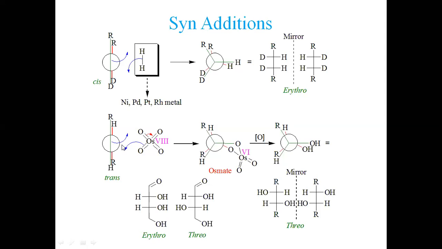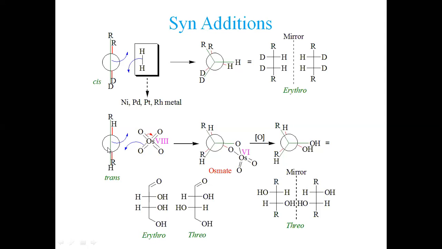If osmium is adding from this side, it shall result in this isomer. If it is adding from this side, it shall result in this isomer. So two different isomers result from the osmium tetroxide addition to this trans olefin. You see, in both cases, syn addition is taking place. If it is cis olefin, we always end with erythro.